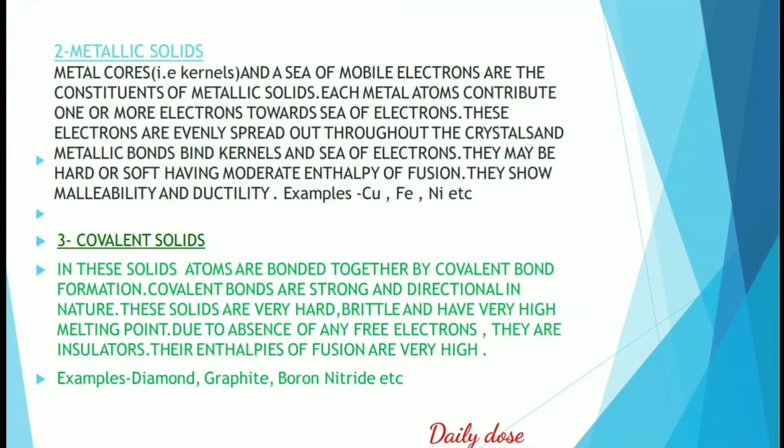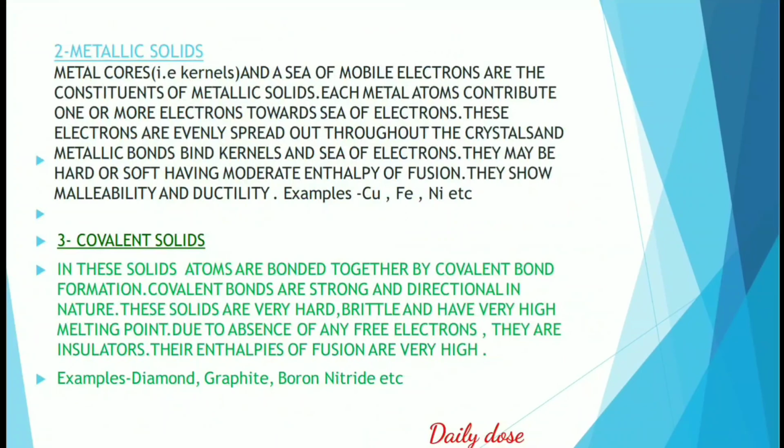And this means that they have higher melting points. Metal cores, that is kernels, and a sea of mobile electrons are the constituents of metallic solids. Each metal atom contributes one or more electrons towards the sea of electrons. These electrons are evenly spread out throughout the crystal, and metallic bonds bind kernels and the sea of electrons.